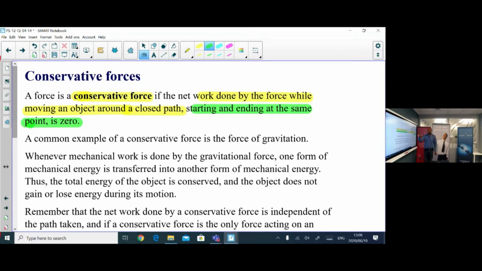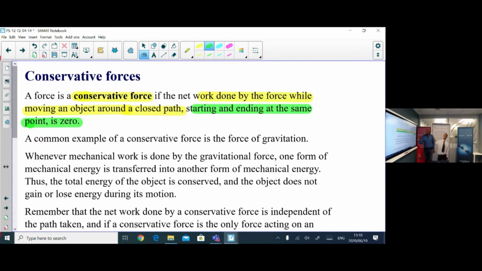Don't forget it. If the net work done by the force is equal to 0, because where you started is where you are going to end, now you have a conservative force. Whether it's horizontal or vertical, I need you to think about that.